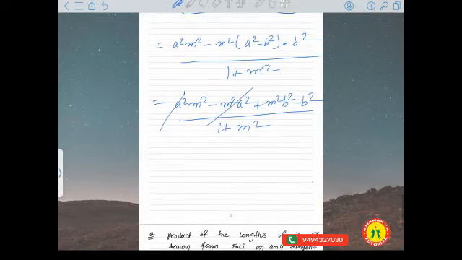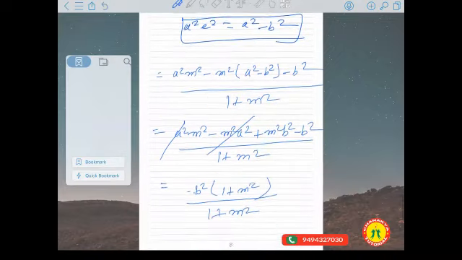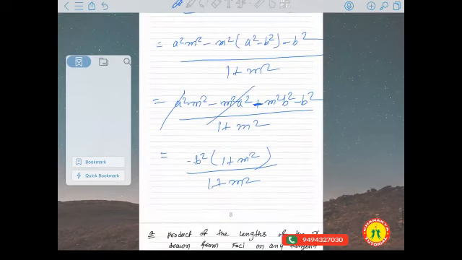So a square m square cancel out. Take b square common, minus b square, get 1 plus m square upon 1 plus m square. So 1 plus m square cancel out, get minus b square.